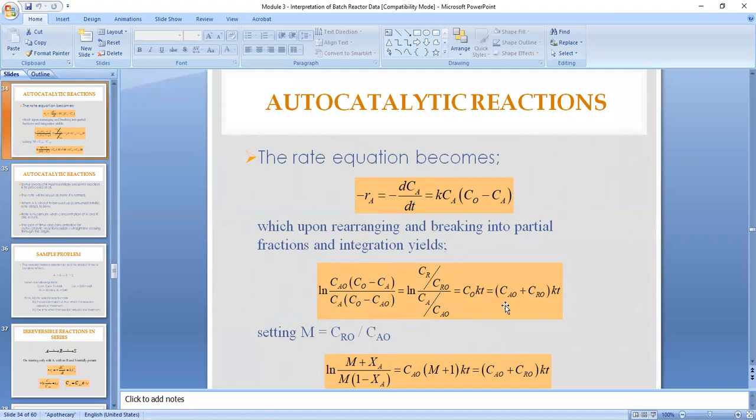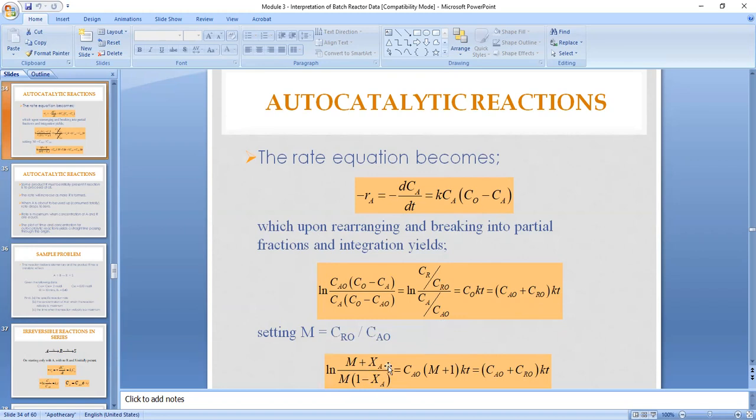So this is your resulting equation after you did separation of variables and used method of partial fractions in integration. If M can be used to represent the ratio of the initial concentration of R and A, then this part here can be represented in terms of conversion. This equation that you have here is all in terms of concentration. So you are provided with an alternative equation on the left side to equate these expressions on the right if the problem gives you conversion.